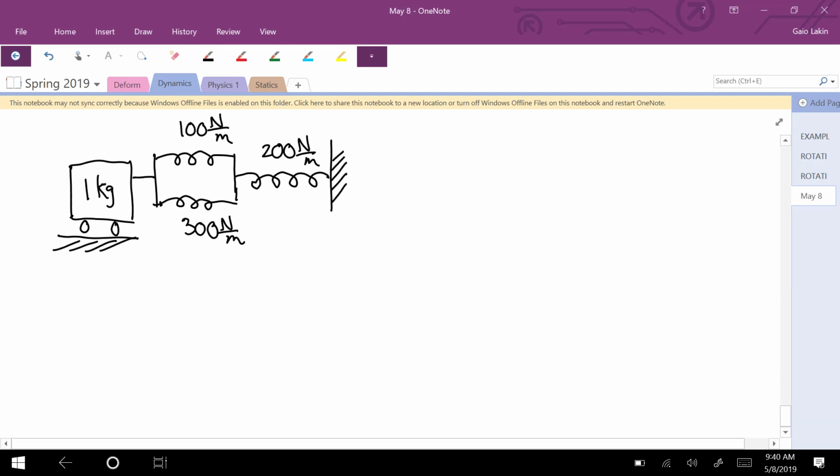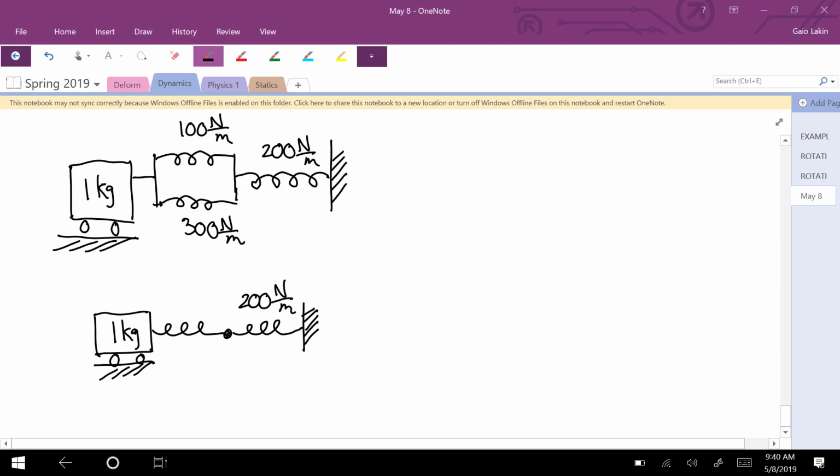So this is the same thing as this system, where this one is 200 newtons per meter. And 2 springs in parallel, the stiffness is just equal to the sum. So that's 400.